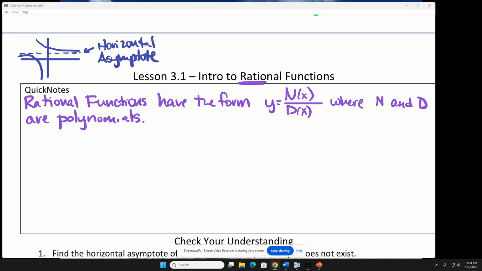Right, and that anesthesia problem had a horizontal asymptote at y equals 0. Eventually that is going to get down to 0 for the concentration of the anesthesia.